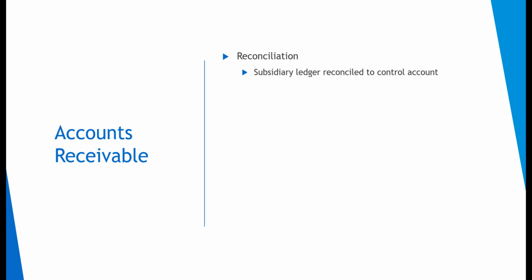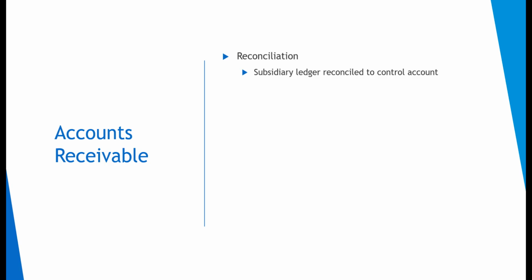So that's why it's called a control account. Your subsidiary ledger account is going to be a listing of all the people who owe you money, from Jane Doe, John Doe, Ace Hardware, whoever owes you, and there'll be a listing of what they owe you and how long it's been outstanding. That's called the aging report, and that should tie to your control account.